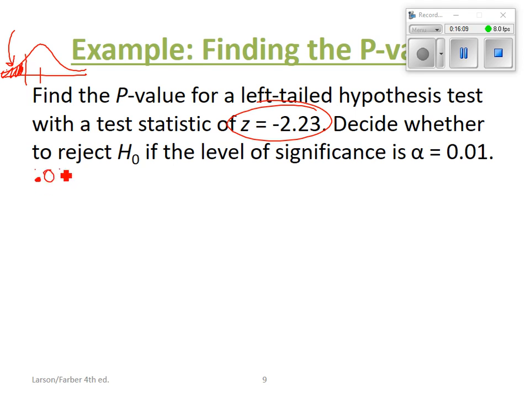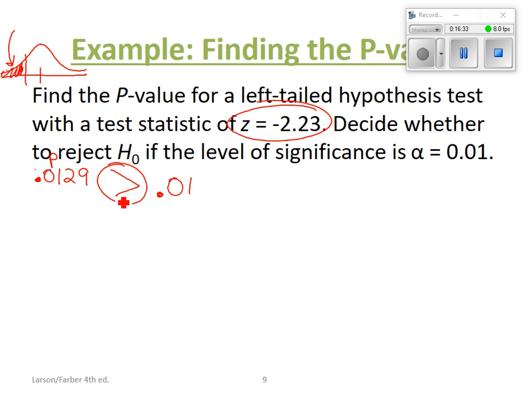0.0129. You guys think Ben just remembered that from what I had pulled up there? Did he actually find it? He found it, all right. That's our p-score, or our p-value. What's our level of significance this time? 0.01. What symbol goes in here? Less than or greater than?